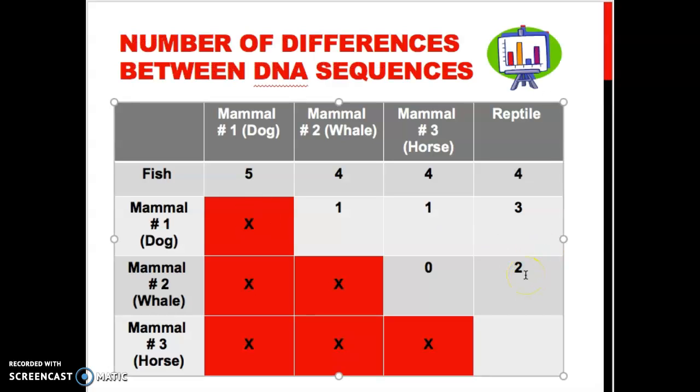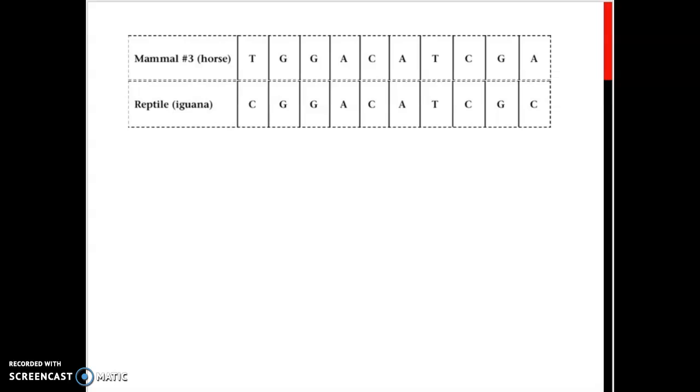Okay. I only have one more comparison to make. I've made these comparisons already. I just need to compare my horse and the iguana, the horse and the reptile. So I'm going to go back and look at these. See how many differences you can find. Do you see 2?